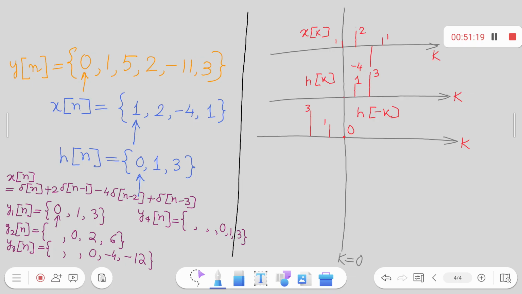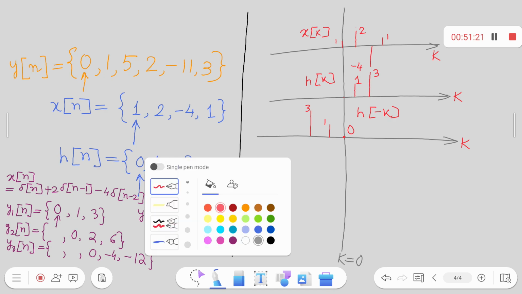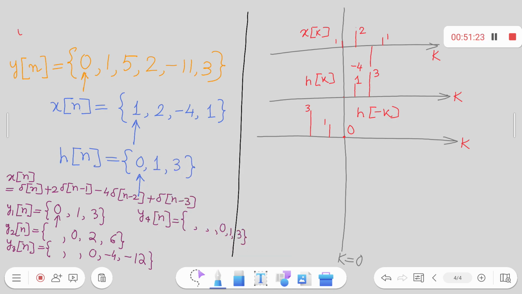Let me write down the formula over here. Y of n is given by summation x of k h of n minus k, k from minus to plus infinity.